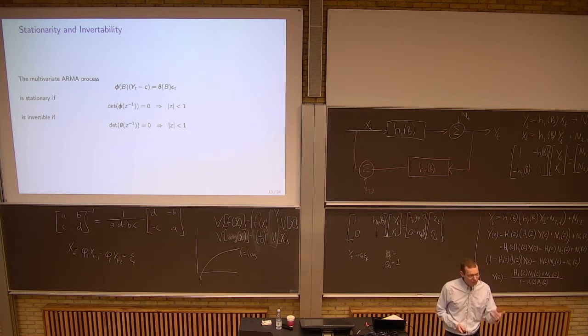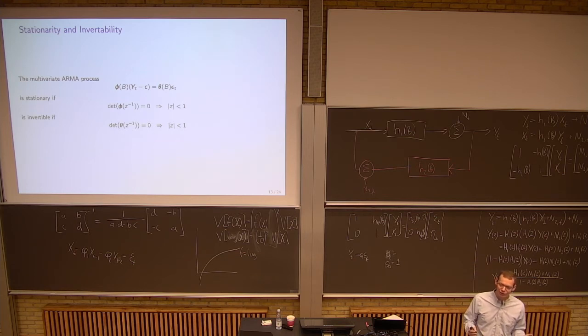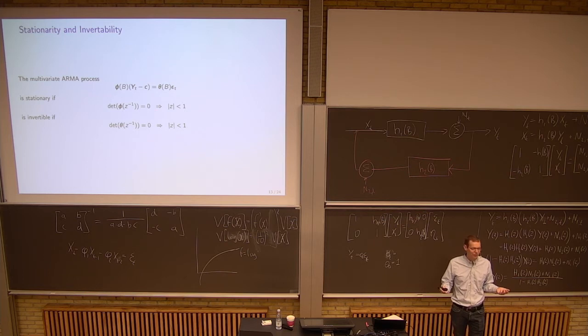It's just the determinant of theta of z inverse equal to 0 that you solve, instead of just theta of z inverse equal to 0. And the nice thing is, if you have a univariate model and take the determinant, poof, you just have the operator, right?